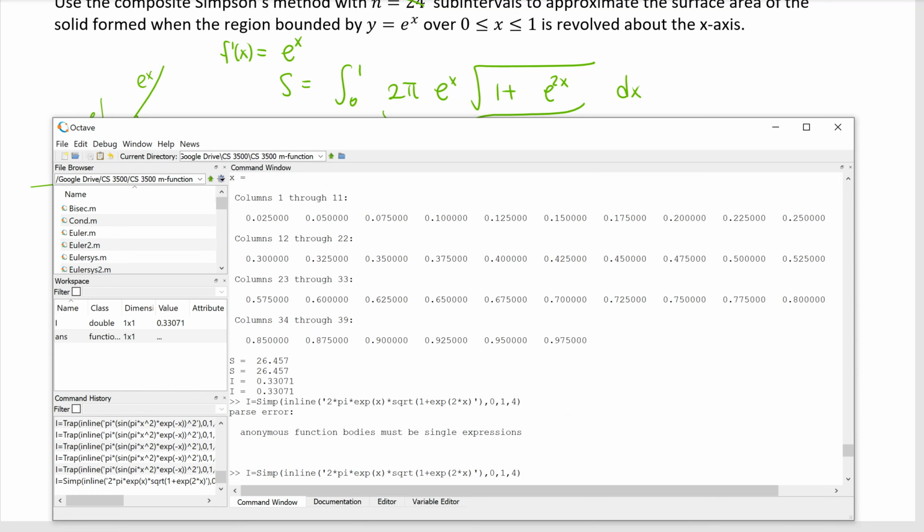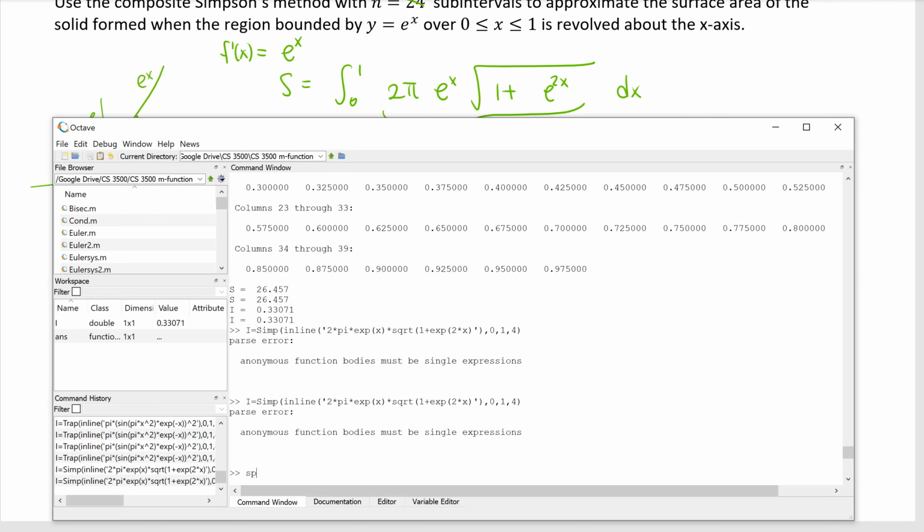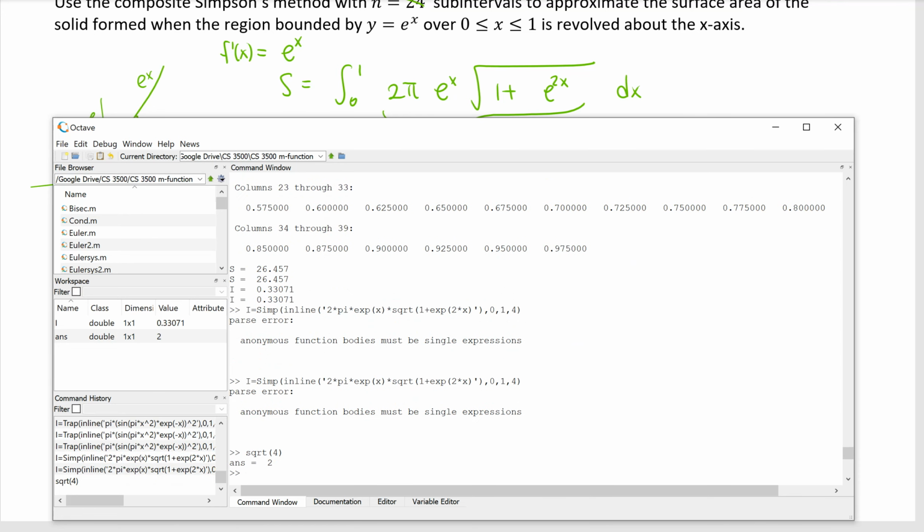Inline function 2 times pi times e to the x times square root of 1 plus e to the 2 times x, 0, 1, 4. Okay. Is it because of the square root? Let's see. Okay, it's not the square root.